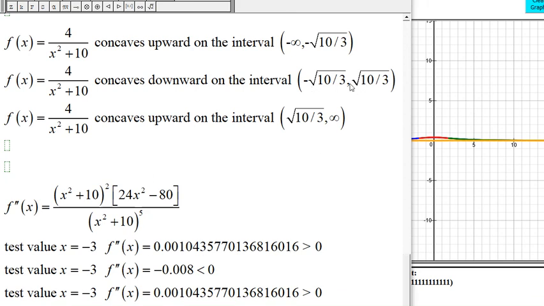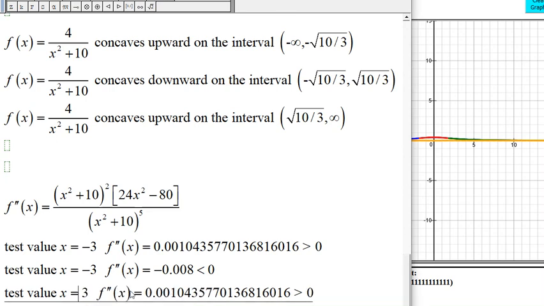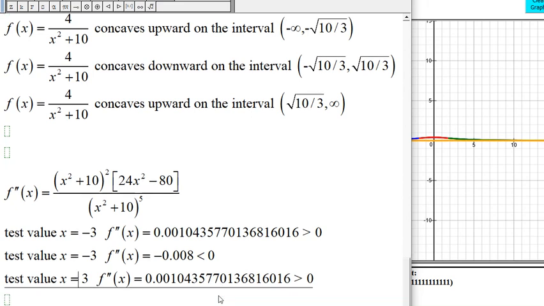And if we pick any number from this interval, let's say we pick 0, and evaluate the second derivative at 0, we get a negative number, which is less than 0. And same thing here, let's say we pick a 3 from this interval, and evaluate the second derivative at positive 3, then we'll get a positive number like this. So that's what the second derivative test is.